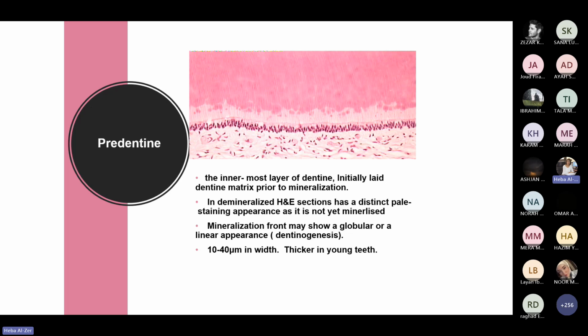That is the collagen matrix before it calcifies. And if you can see here, there's the start of globules, these calcospherites or globules start to calcify here. We call it the calcification front, the start of calcification. And then the calcospherites actually fuse together, making this uniform mineralized dentine.